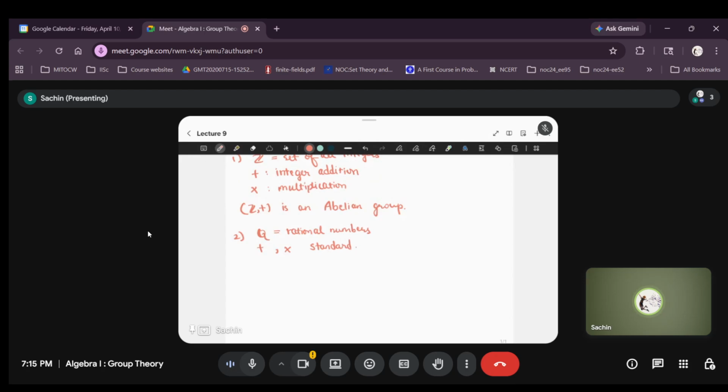And distributivity holds. So this is also a ring. Similarly, R, the set of all real numbers, and C, the set of all complex numbers. These are all rings under addition and multiplication defined naturally as we do in school.